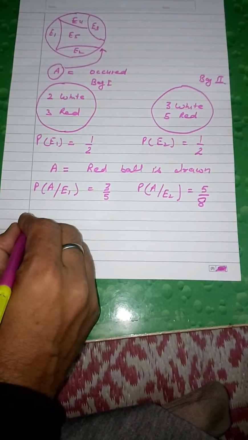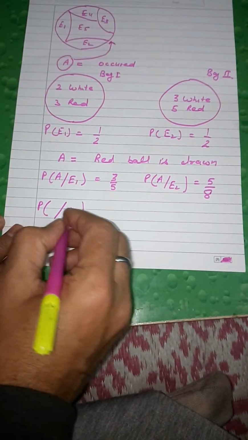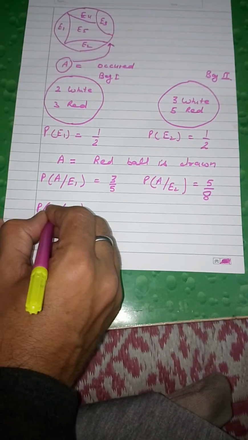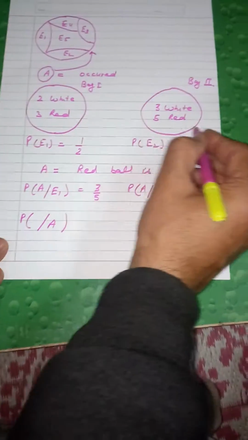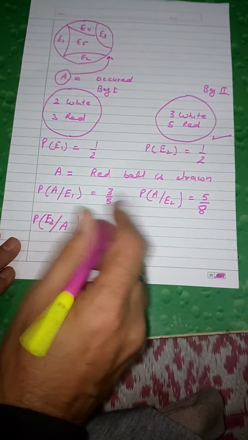Now the red ball has already been drawn, and you want to find the probability that this red ball was selected from bag 2, so that is E2.